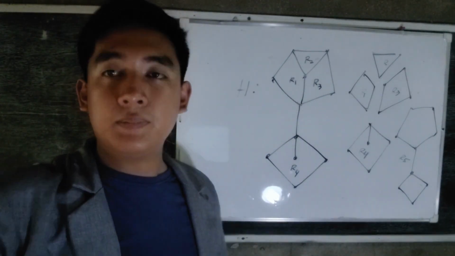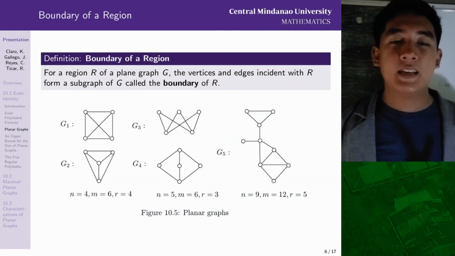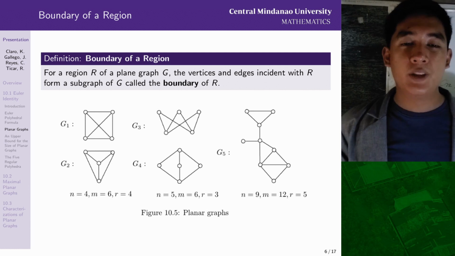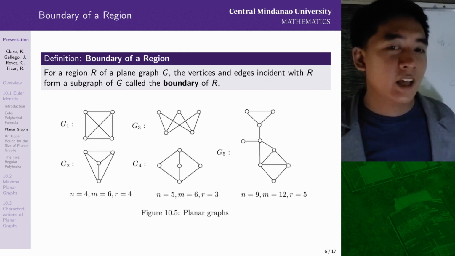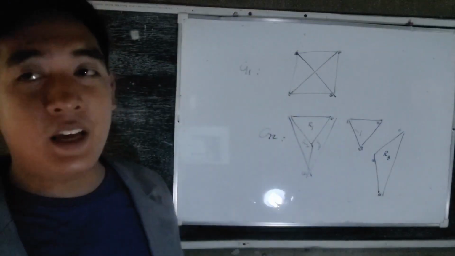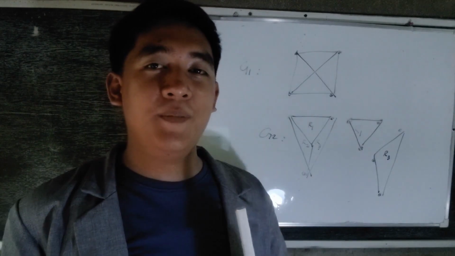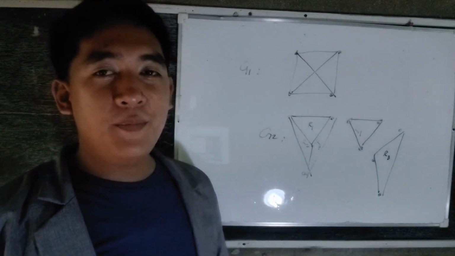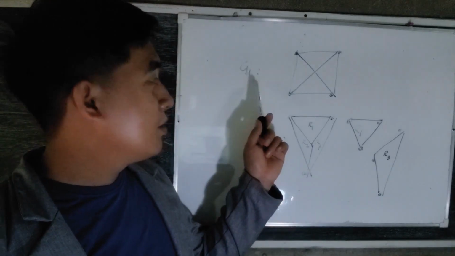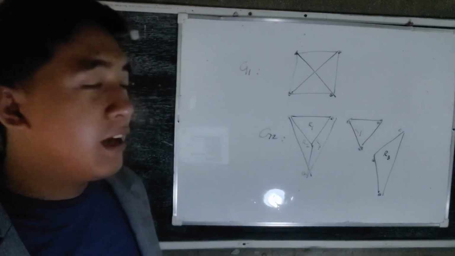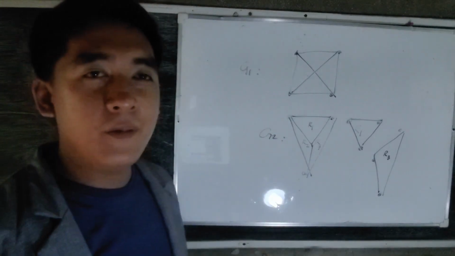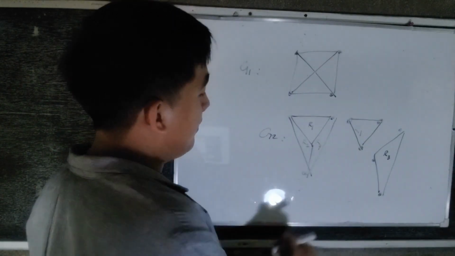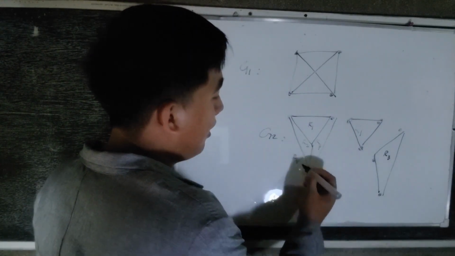For a region R in a plane graph G, the vertices and edges incident to R form a subgraph of G called the boundary of R. Now let us consider G1, which is a K4 and also a planar graph. G2 is a plane graph of G1. How many regions do we have? We have 4 regions: R1, R2, R3, and then the exterior region R4.